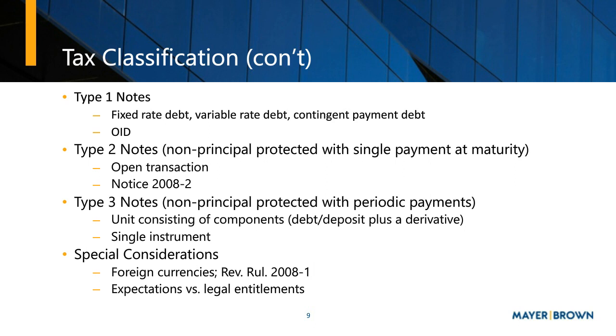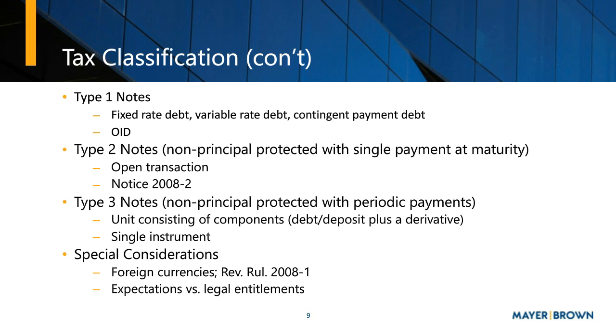An alternative way of treating the Type 3 notes is to say, well, there is no unit. There's only one instrument. It's a single instrument. There's only one note. I'm not going to bifurcate. I'm going to treat it as a single instrument. And so the question then is, what is that single instrument? It's essentially some kind of derivative contract that has a periodic income component to it.